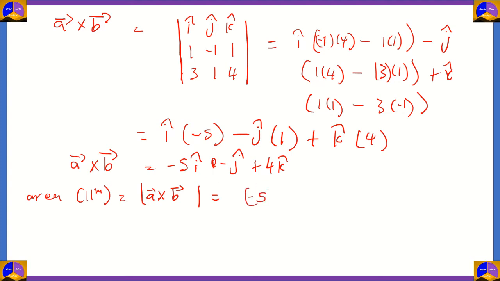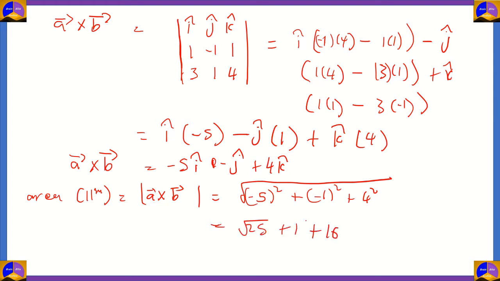What that means, it will be minus 5 the whole square plus minus 1 the whole square plus 4 square, the whole root. That'll be 25 plus 1 plus 16 the whole root, which is equal to root 42 square units. Since we're talking about area, we should end this in square units.